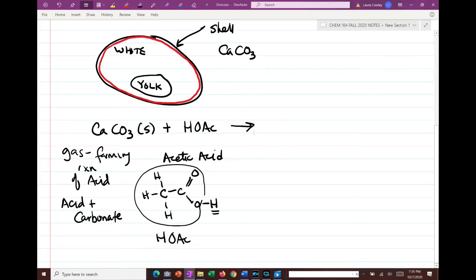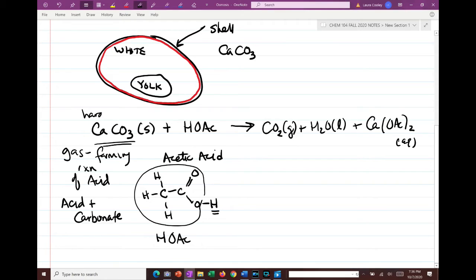And so what happens is you end up with carbon dioxide and water and calcium acetate, and this is aqueous. So the basic thing is that you started out with this hard shell, and you end up with carbon dioxide and water and this other stuff.